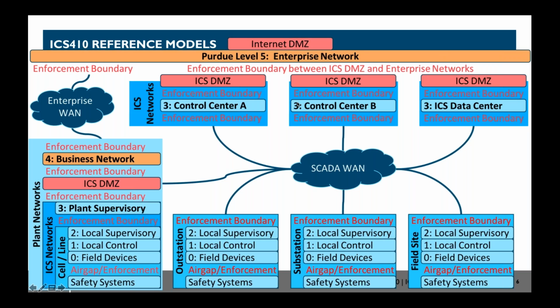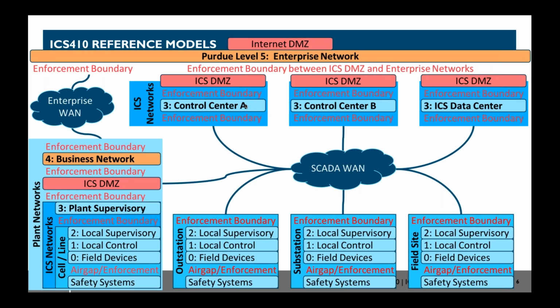Now, of these, we end up having these 3 higher level sites, which we would generally refer to as PURDUE level 3 inside of the PURDUE model. Because once again, remember, PURDUE level 3 is kind of that higher level management and control of our control infrastructure.